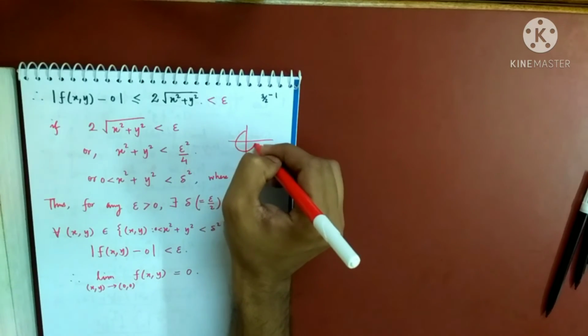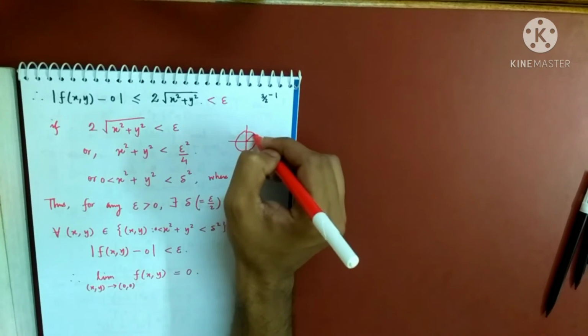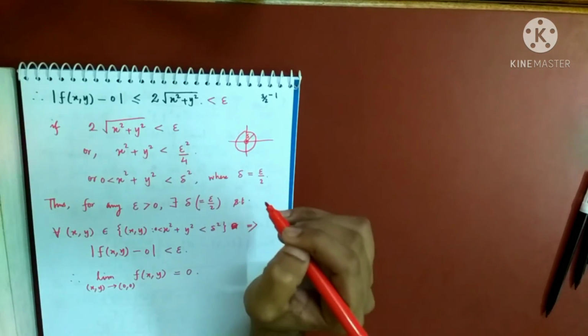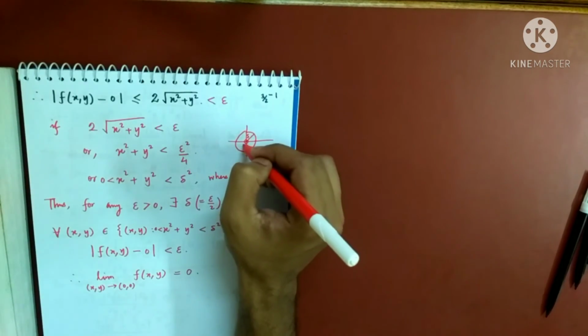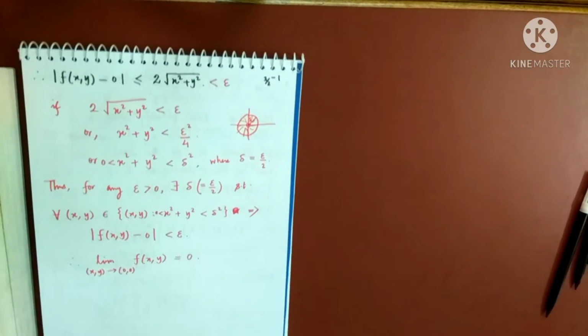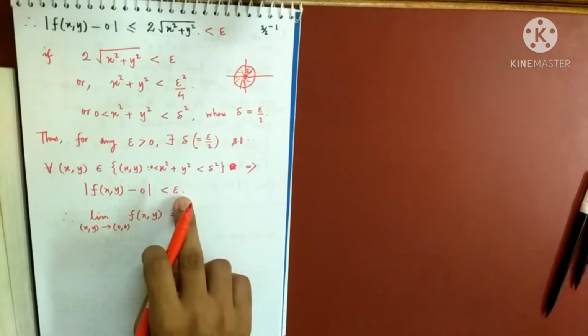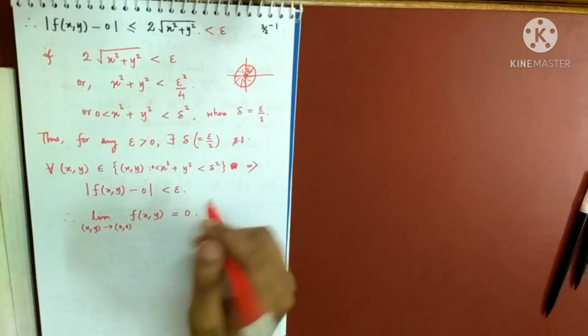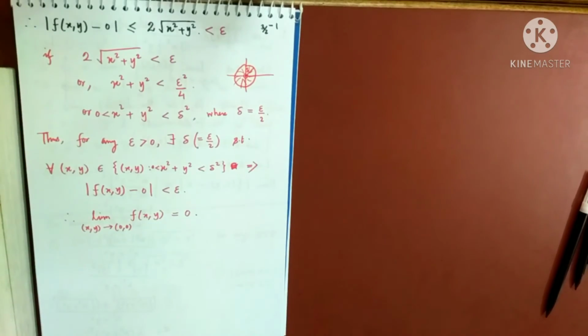So I am drawing like this, suppose this radius is delta, and 0, 0 is not here. So removing 0, 0, this is the circular neighborhood of the point 0, 0. Give me any epsilon, I can find this kind of neighborhood around 0, 0 for which this condition will hold. So by the definition of the limit, this will be 0. Did you understand at least a little bit?